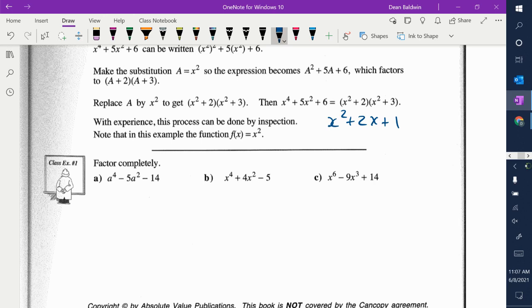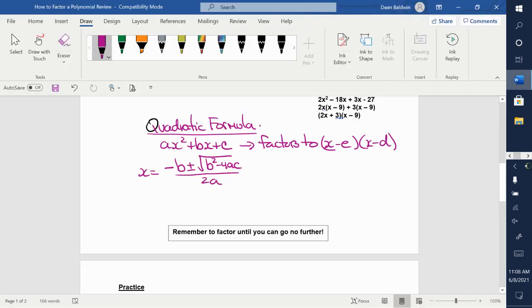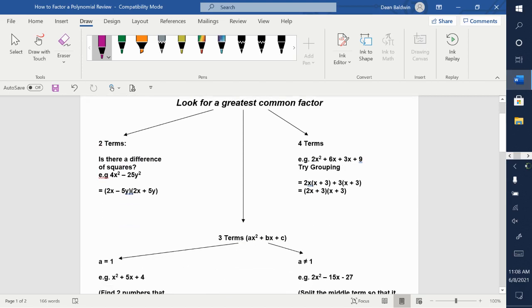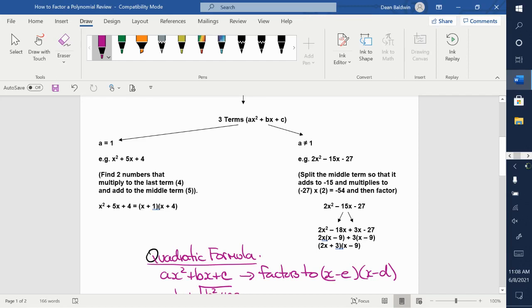Okay. Now we have 3 terms. So if you look on your sheet, I'm not repeating myself. Is the A value 1? Does it look like this or does it look like this? It looks like this, right?